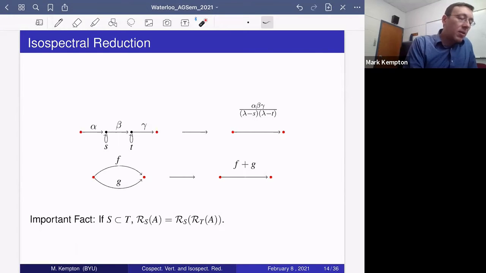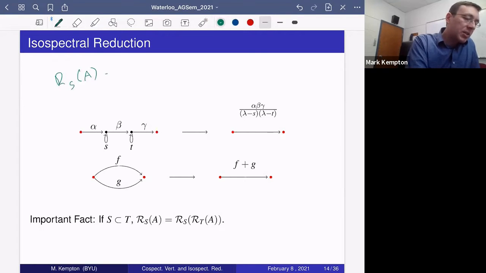When I do this reduction, I can think of the resulting matrix, R_S of A, as some matrix whose entries are functions in this variable lambda. And I can think of this as corresponding to a weighted directed graph, with edge weights being these rational functions in lambda.